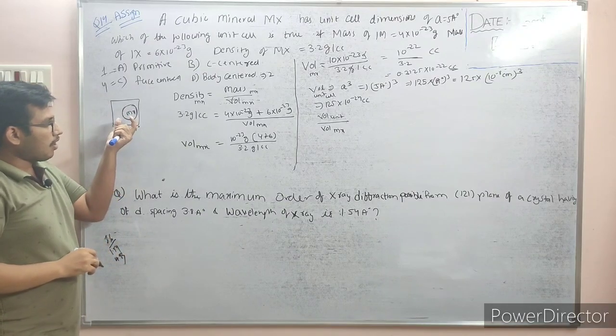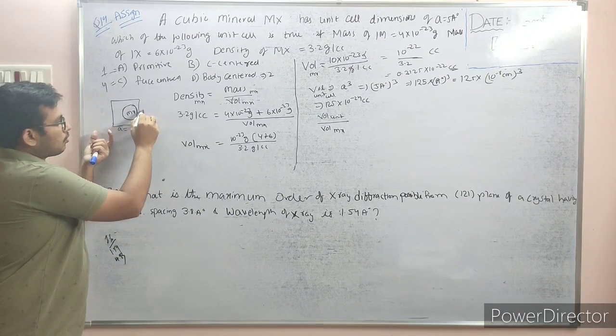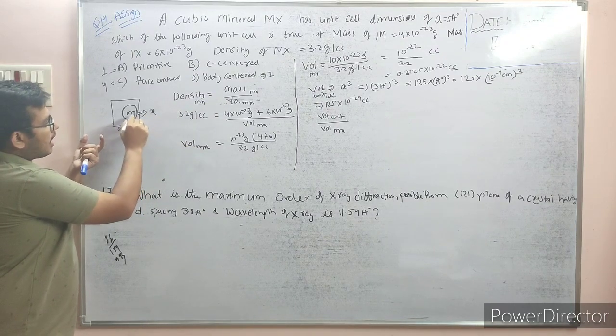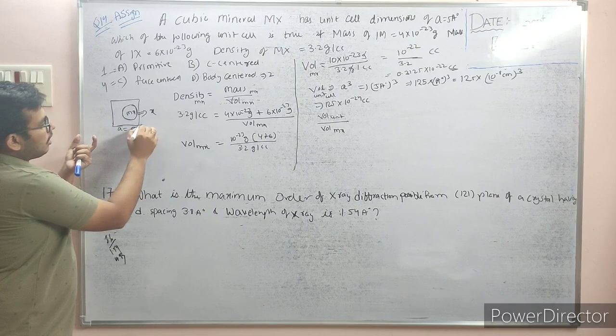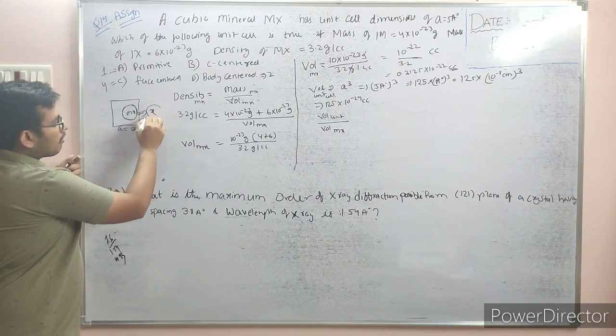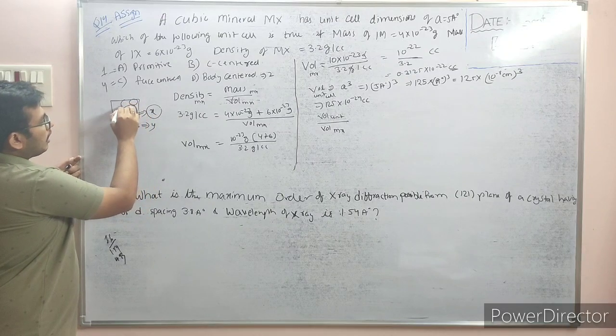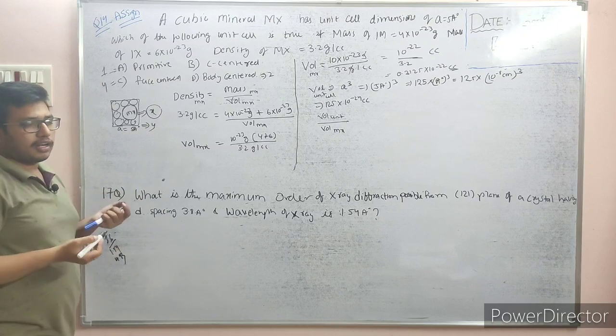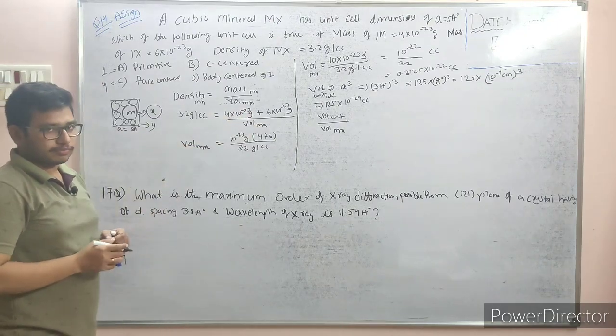If this atom occupies some x volume, and the volume of the unit cell is some y volume, then how much of x is required to fill the volume of the unit cell is calculated by dividing the ratio.